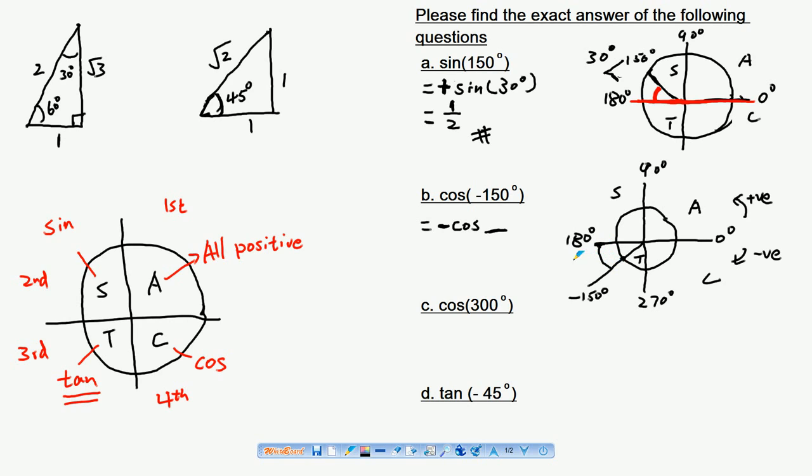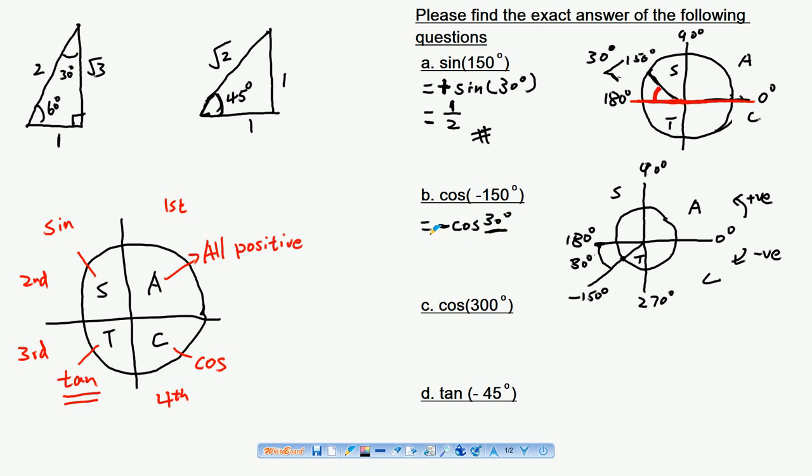This angle here is 30 degrees, because when it comes to here, it's minus 180, and you just need to find the difference between 180 and 150. Don't worry about the signs in the front. So cos minus 150 degrees equals minus cos 30 degrees.